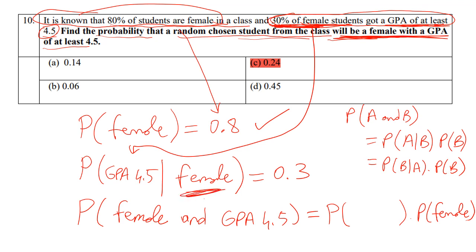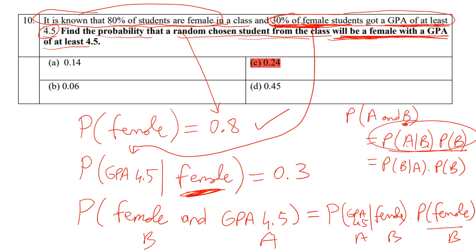You can choose which one is female and which one is GPA, but here I'm preferring this one to be female, and GPA 4.5 is A. So I will write the GPA 4.5 given that female. I'm using this rule here, or the other one, it doesn't matter.